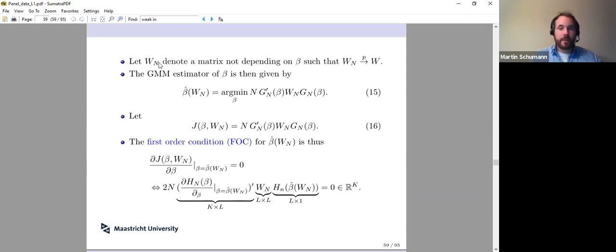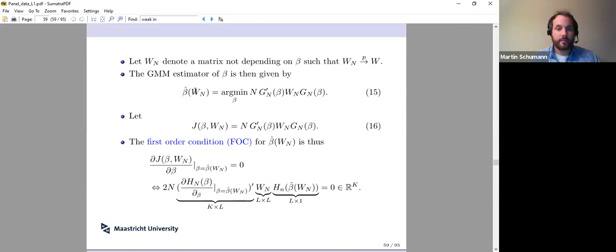It can be a random matrix that converges to some matrix W, which is of course then non-stochastic. And the very big condition here is that it is not allowed to depend on beta. This is very important.